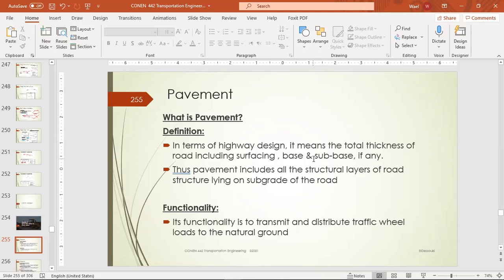This is pavement. Okay, so all the layers above the natural ground, this is pavement.